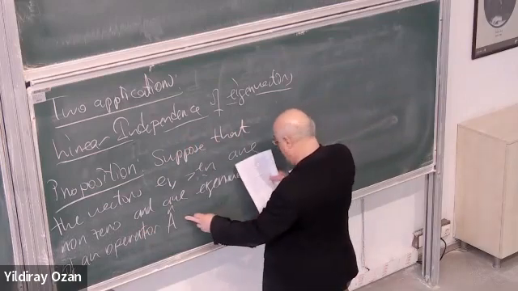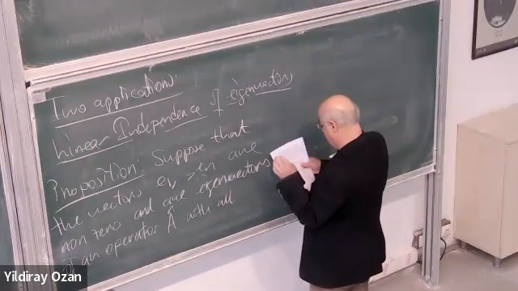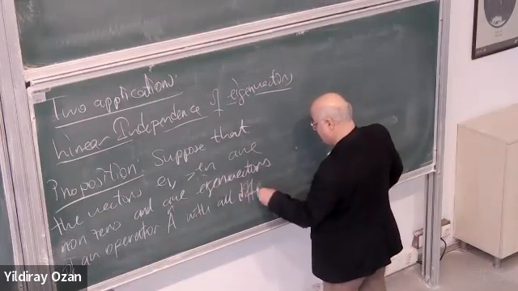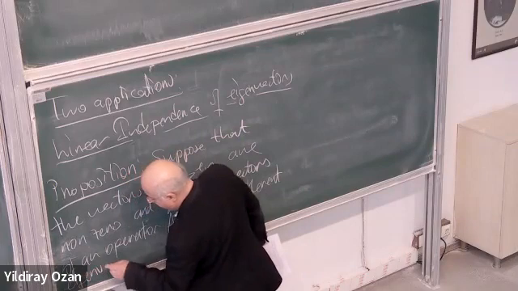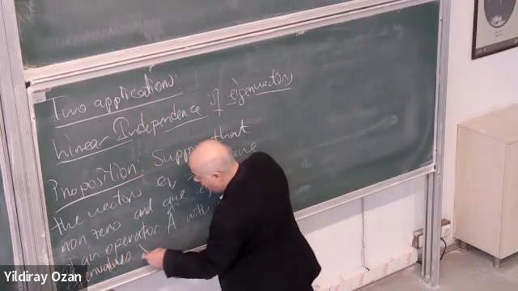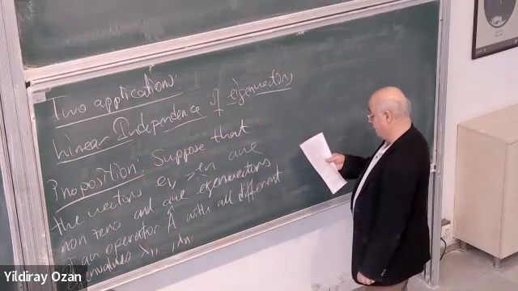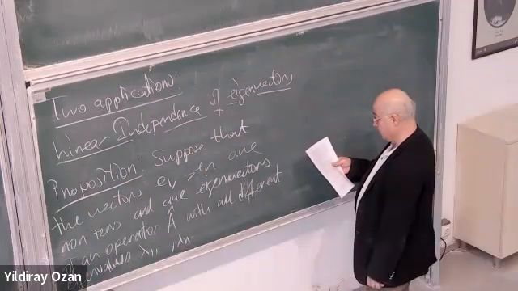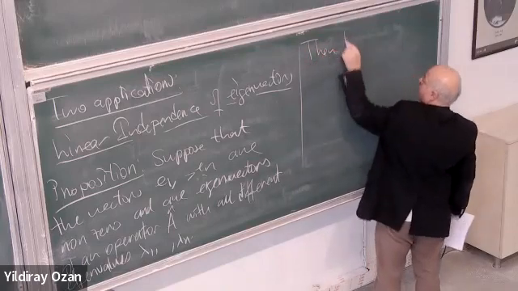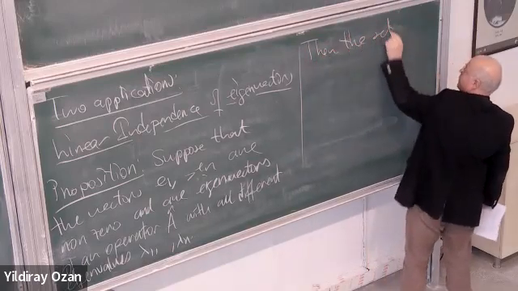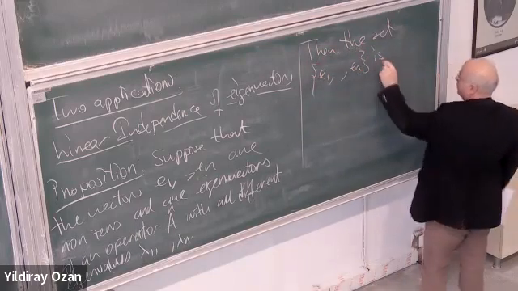Nevertheless, operator A with all different eigenvalues, lambda 1 up to lambda n. Then the set e1 up to en is linearly independent.